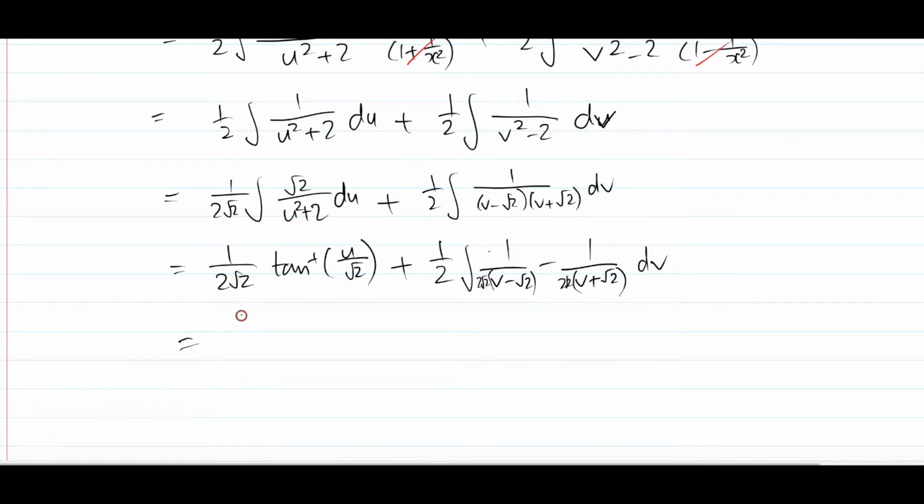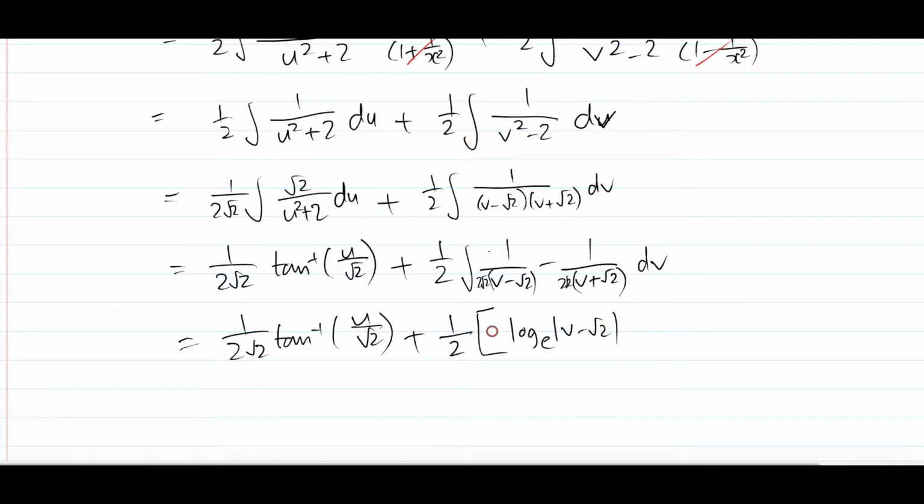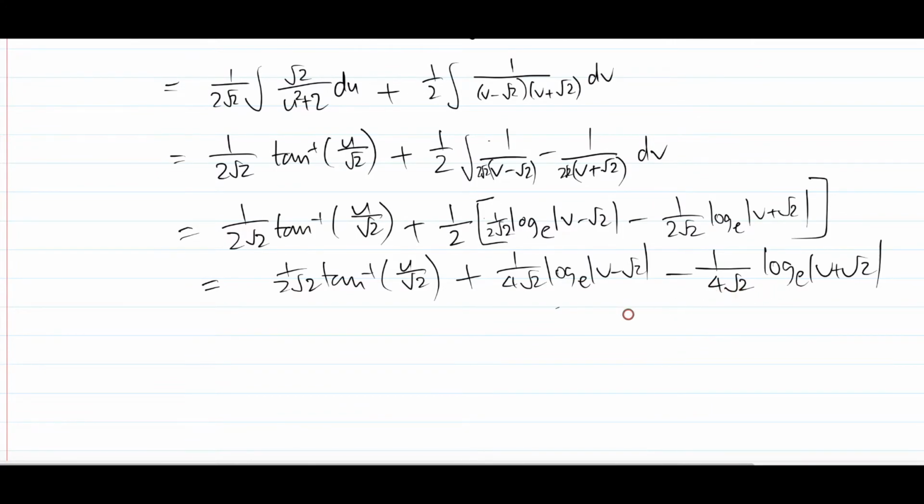Okay, and yeah, you just end up with all this mess. u over root 2 plus half times log e of v minus root 2, 1 over 2 root 2. You can take the 2 over root 2 out if you want actually. 1 over 2 root 2 log e of v plus root 2. And then afterwards you should be able to get your answer.